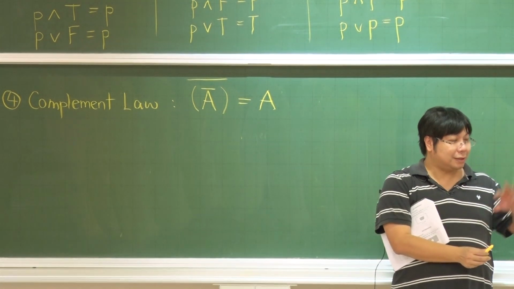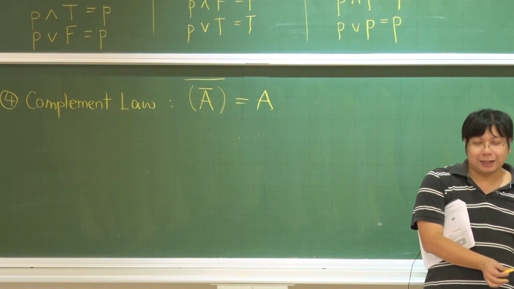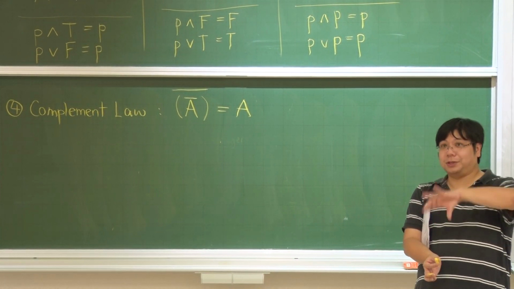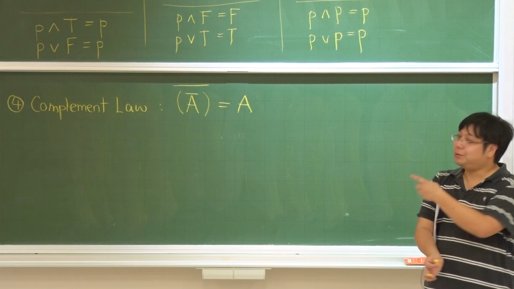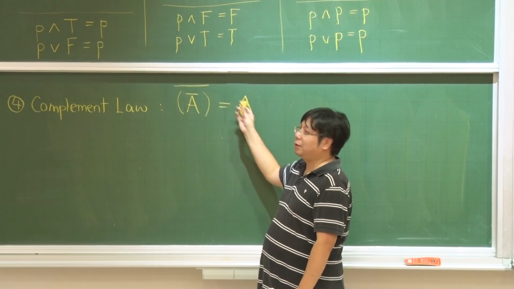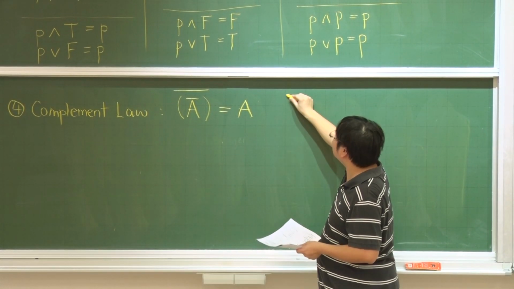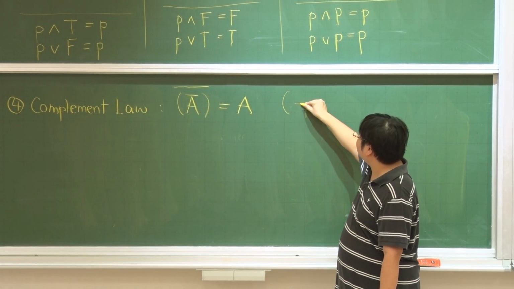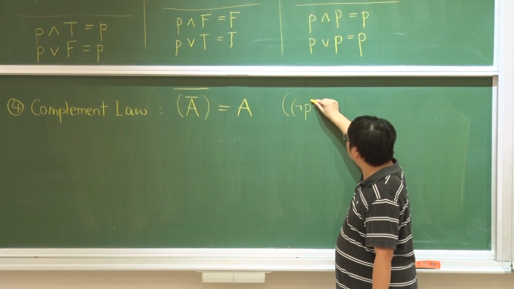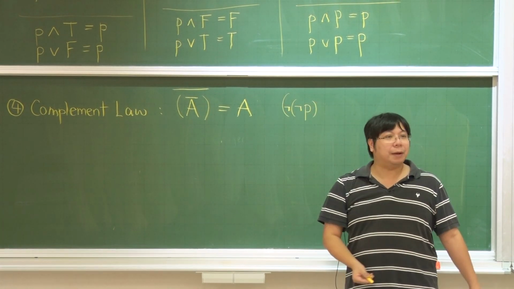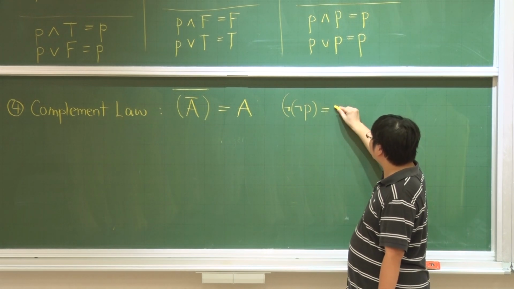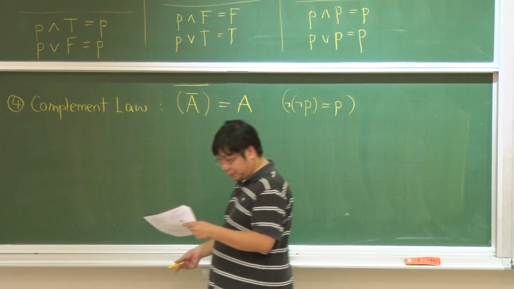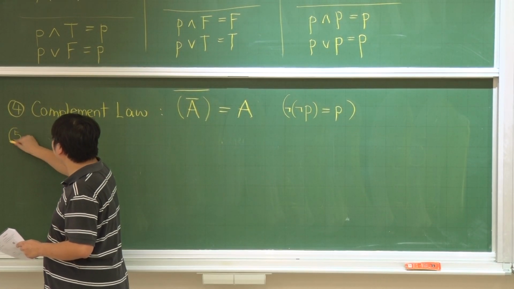It's like A is a light bulb: you switch off the light and then you switch it on. So if you do this 2 times, you get A back. It is similar to having a proposition, negating it, and then negating it again. Complement is like negation, so you get the original proposition P. And then commutative.